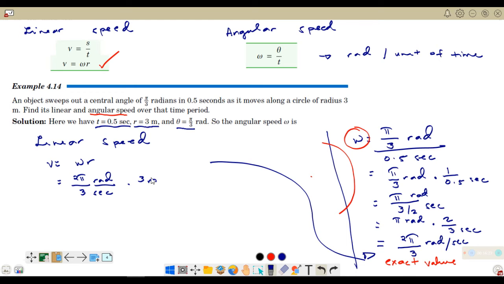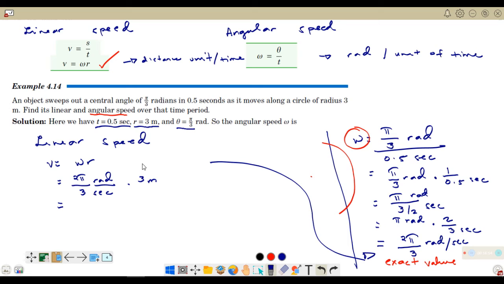So, dito naman sa linear speed, ang hinahanap naman natin na unit ay distance unit or unit of distance over the time elapsed. Okay, so dito we have 2 pi radians times 3 meters.